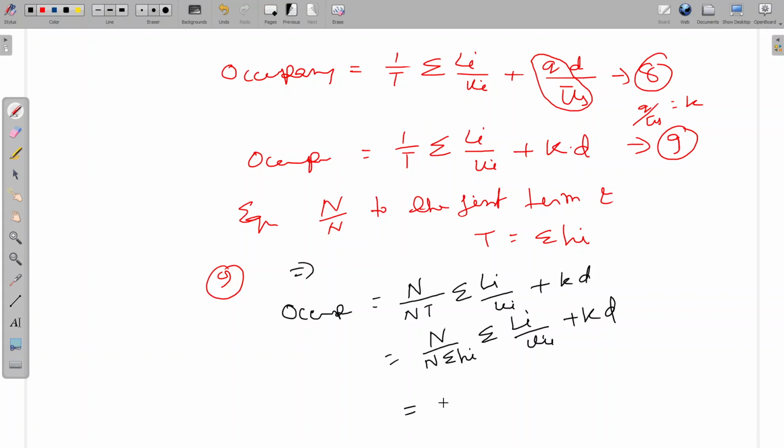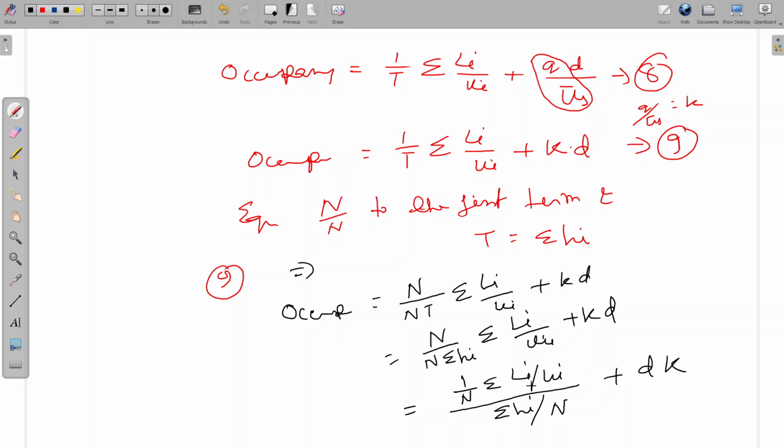This is equal to what I can write: I am taking 1 upon n from here, then summation of li over ui, now this you divide by summation of hi by n. This n I brought down, this n I have taken here together. So this I can write plus d.